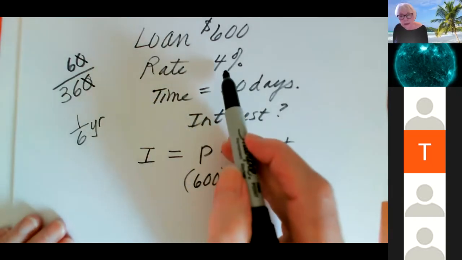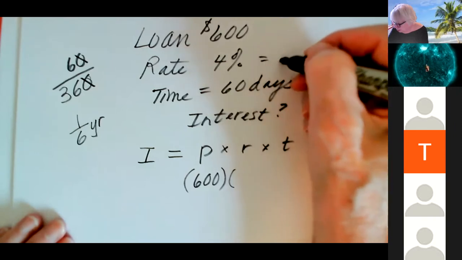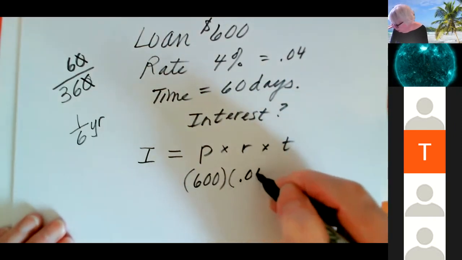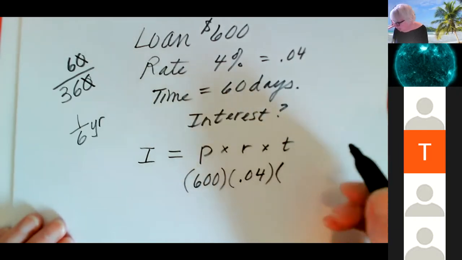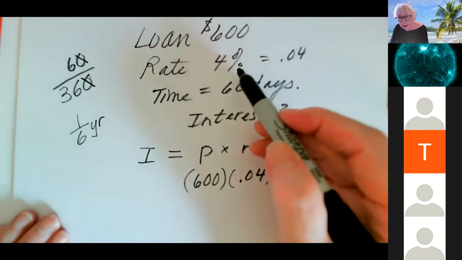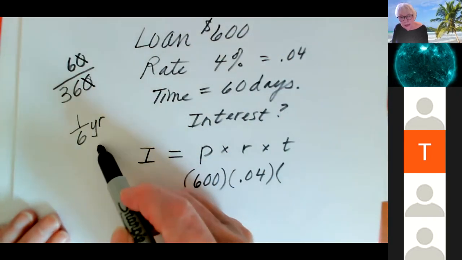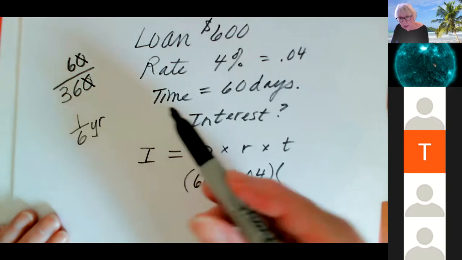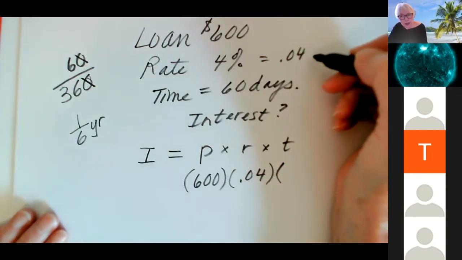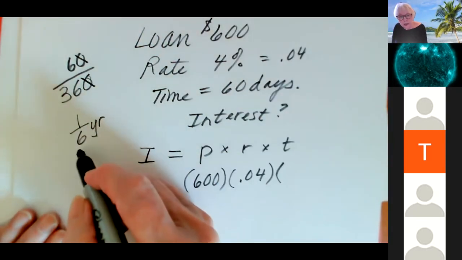The rate was 4%, but of course, I'm going to put in 0.04. And the time, this is 4% a year. It's not 4% a day, 4% a month, it's 4% a year. And so this is in years.